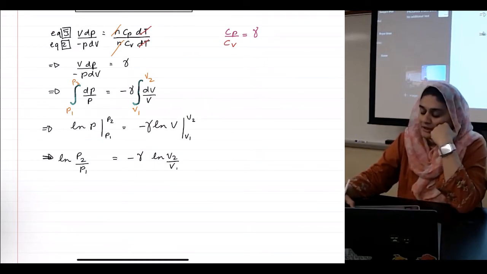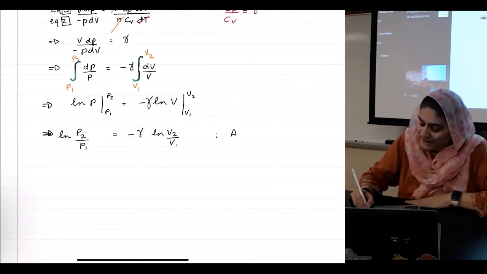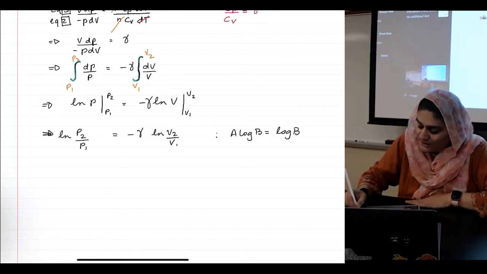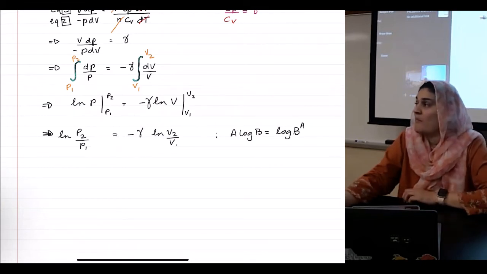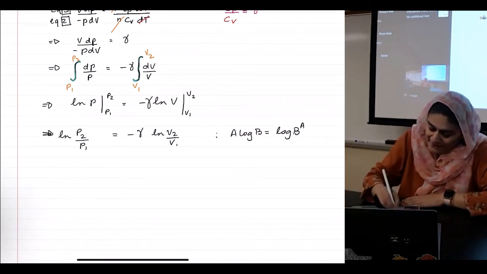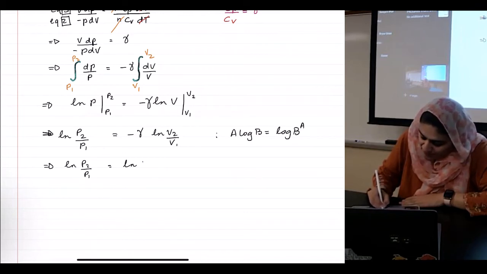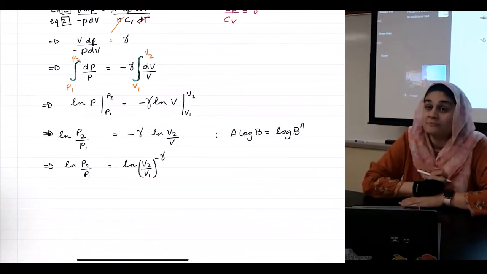Do you remember the properties of log that said A log of B equals log of B to the power A? So may I rewrite this as log of P2 over P1 equals log of V2 over V1 to the power minus gamma?